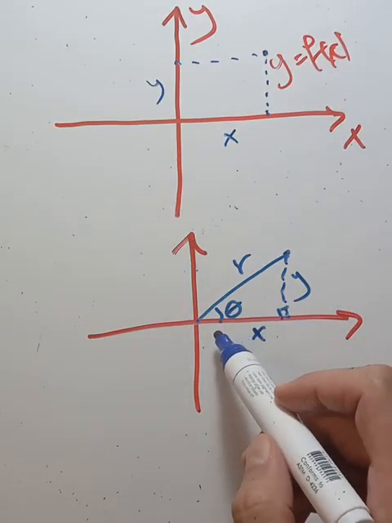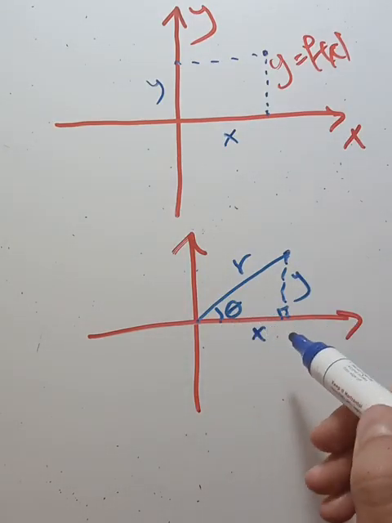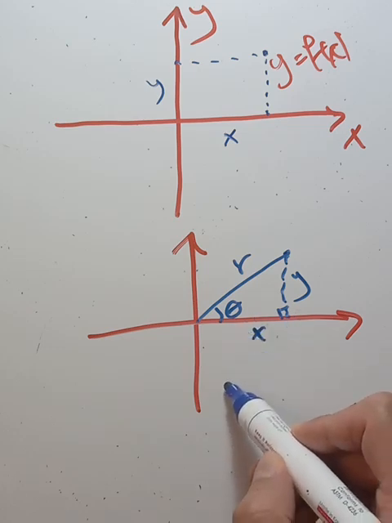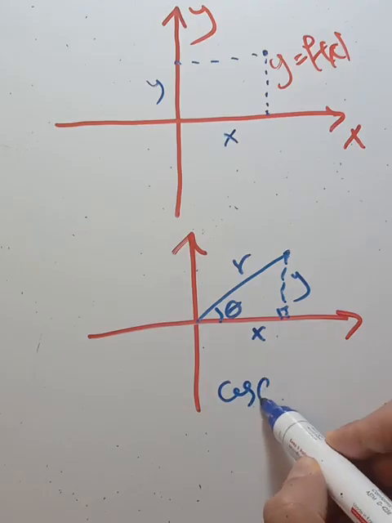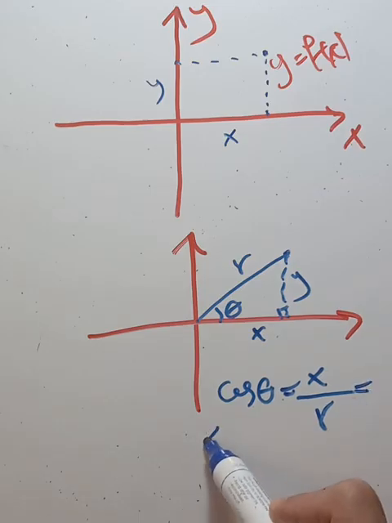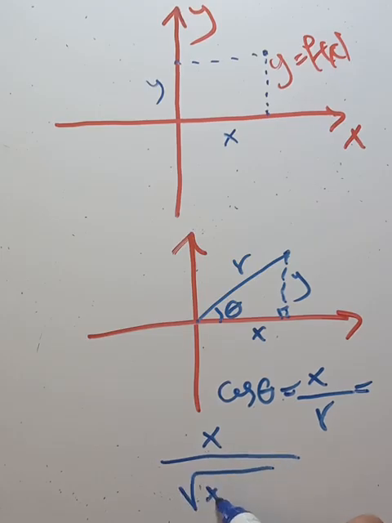So from here, this is a right triangle, so cosine theta equals x divided by r. And what is r? r equals the square root of x squared plus y squared.